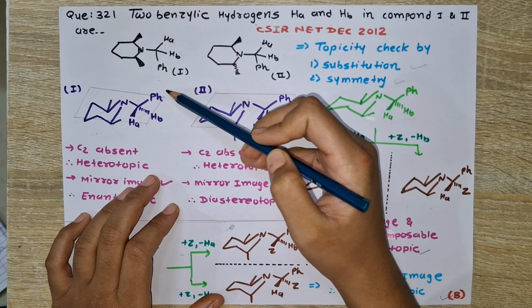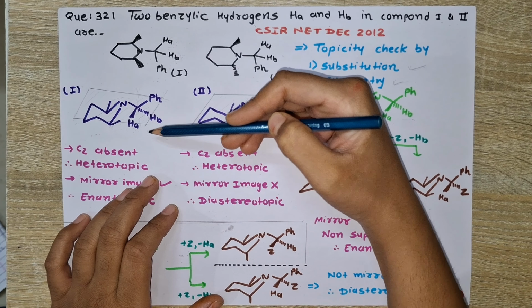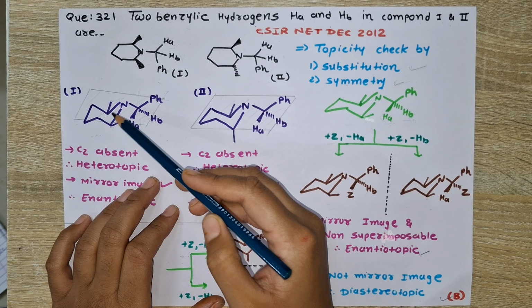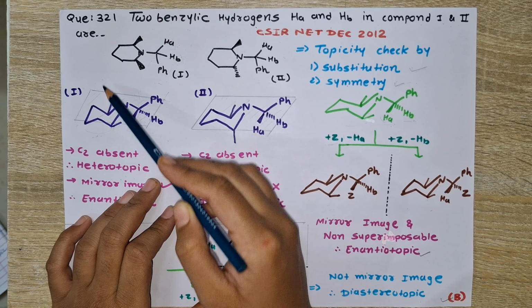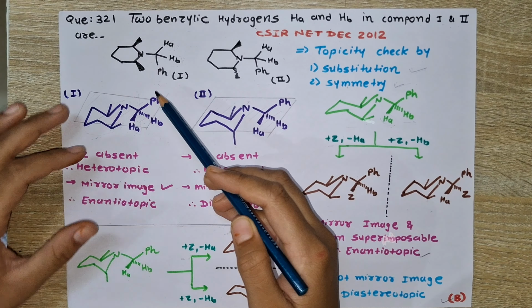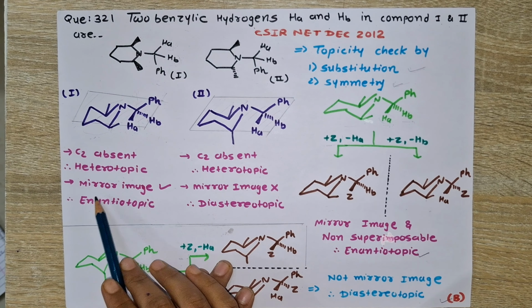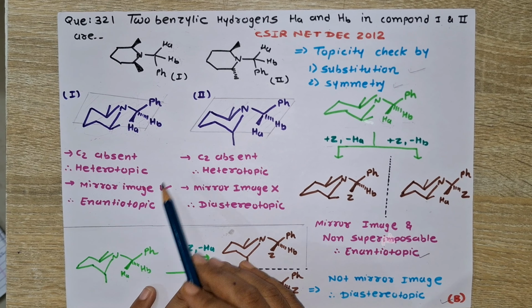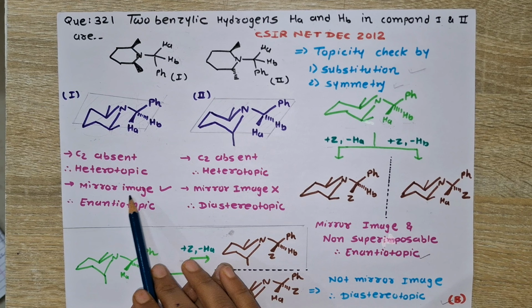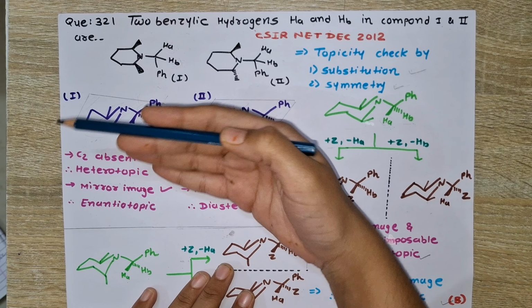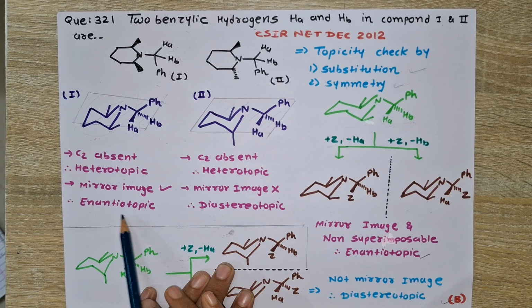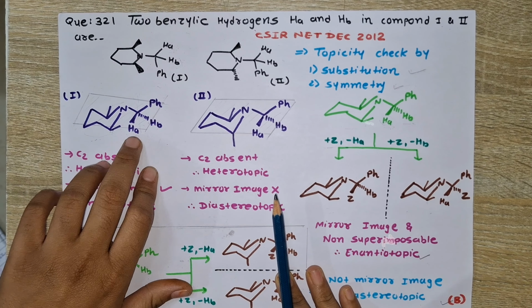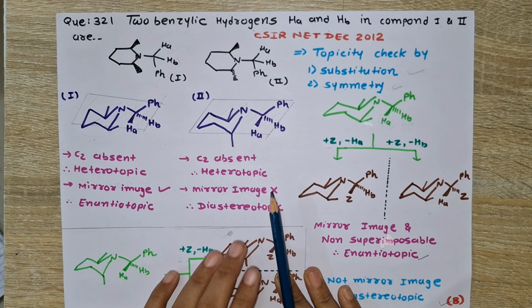On this plane, we can see that the groups above and below the plane are identical to each other, so they are mirror images. If the groups across the plane are mirror images of each other, then they are enantiotopic. So here Ha and Hb are enantiotopic.